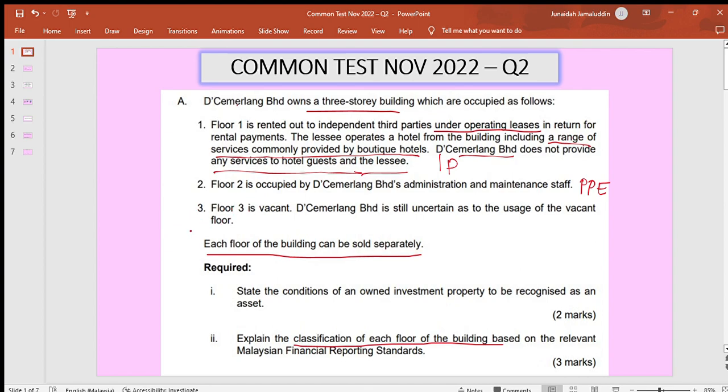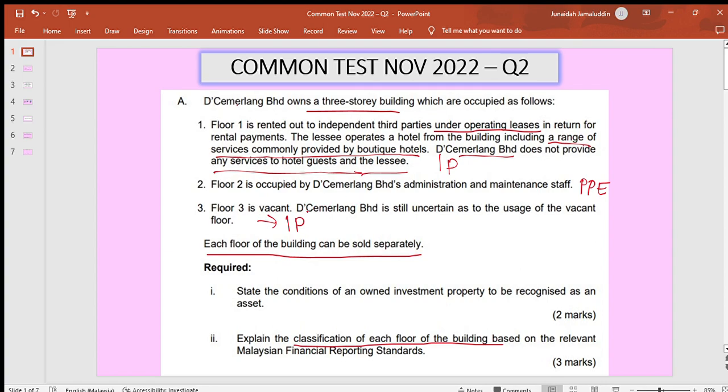For floor number 3, it is vacant. Cemerlang Berhad is still uncertain as to the usage of the vacant floor. Since the owner of this building is still uncertain what to do with this floor, this floor can still be classified as an IP, since the floor is held for undetermined future use.